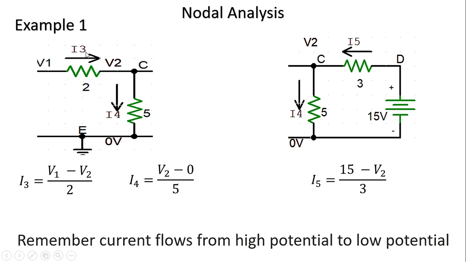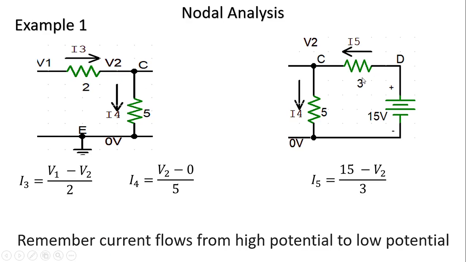For I4, the voltage at this point with respect to the reference node is V2, so one side of this 5 ohm resistor is V2, and I4 is (V2 minus 0) by 5.